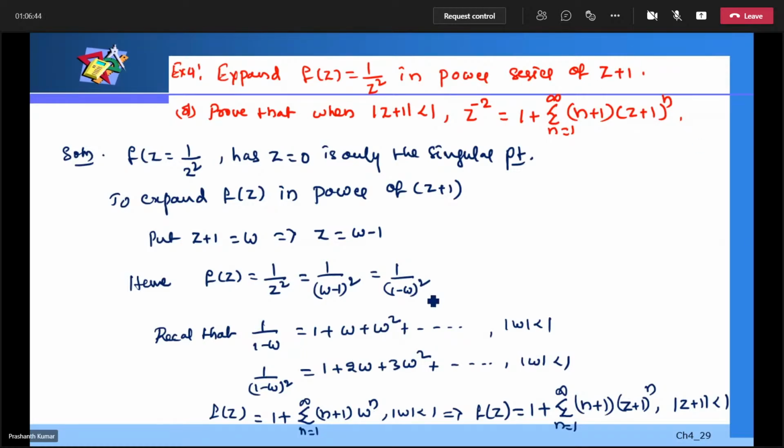So this is the Taylor series expansion using the Maclaurin series.